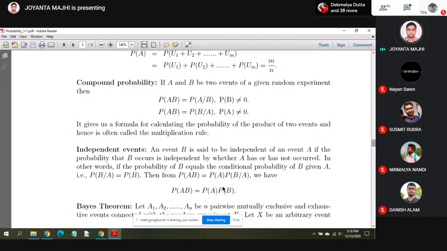Here it says that B is independent of A if the probability of B is equal to the conditional probability of B on the hypothesis that A has already occurred, which is equal to probability of B. Then we say that events A and B are independent events.